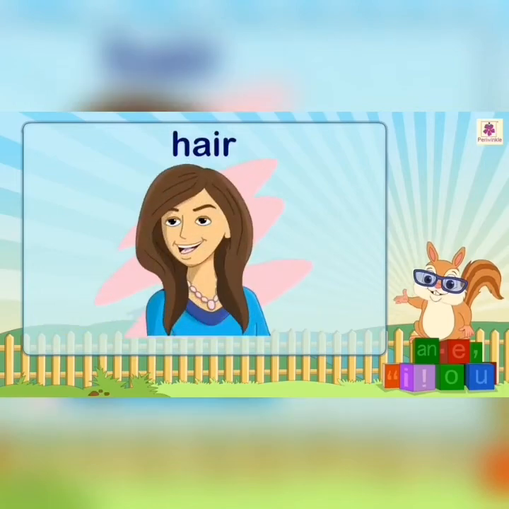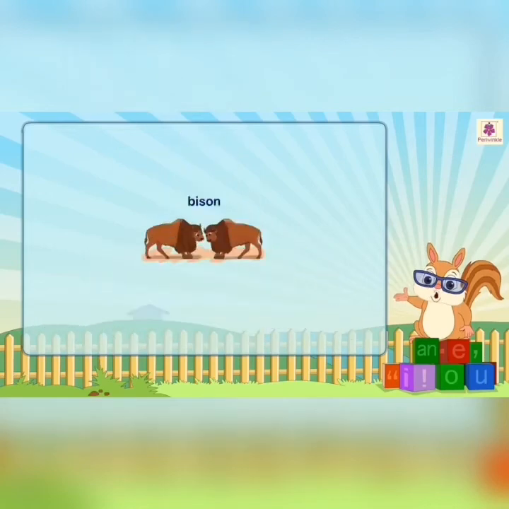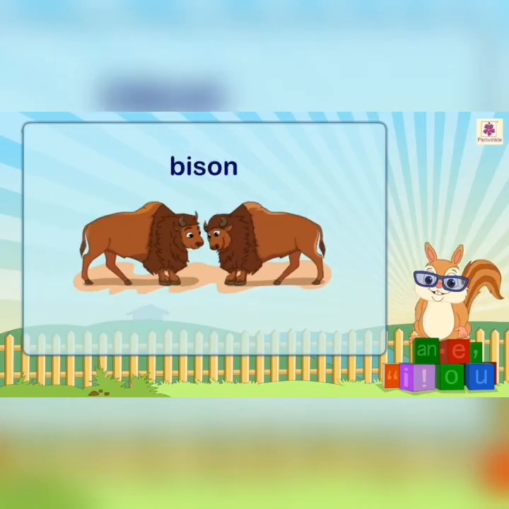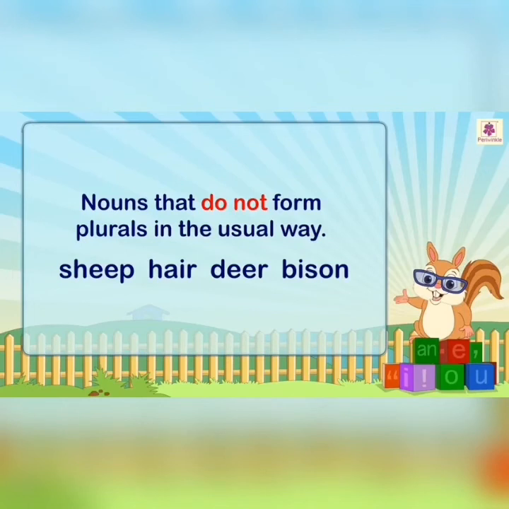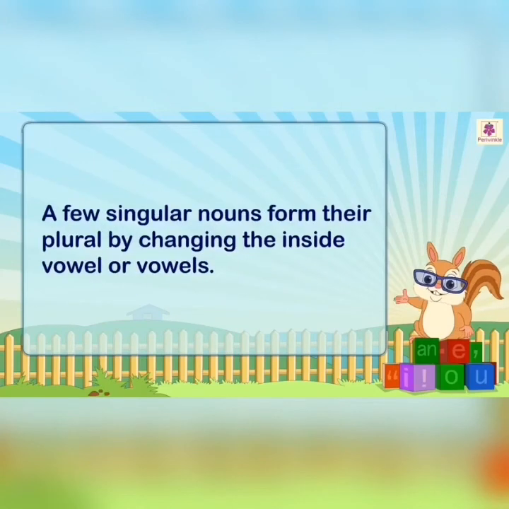There is nothing like sheeps. Hare, deer, okay? Bison. These are all examples of nouns that do not form plurals in the usual way. Okay? So nouns that do not form plurals in the usual way are called irregular nouns.